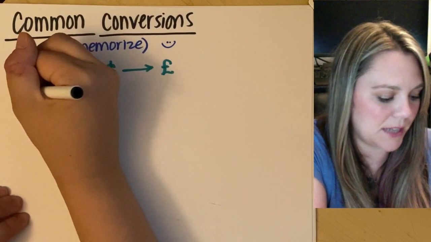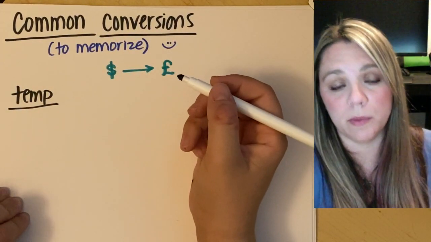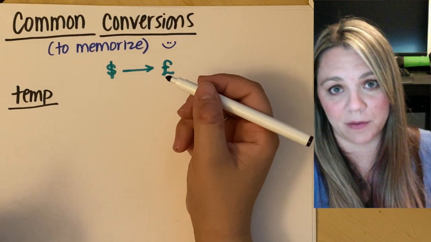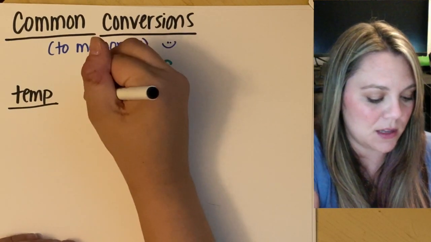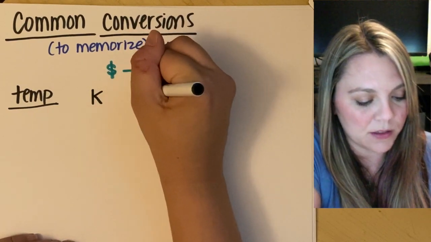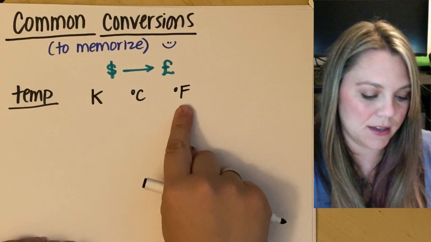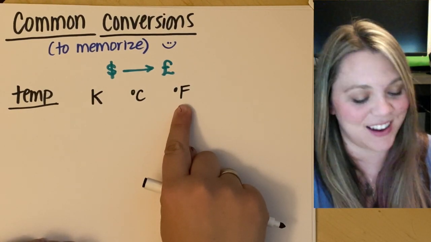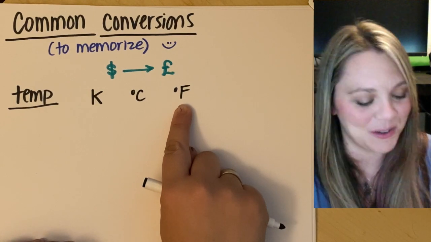First of all, for temperature, we will be converting back and forth between temperature units all the time. The most common ones are Kelvin, degrees Celsius, degrees Fahrenheit. We use Fahrenheit in the States, and I hate to break it to you, Fahrenheit's super garbage for chem. We never use it.